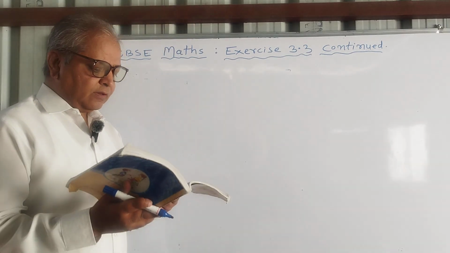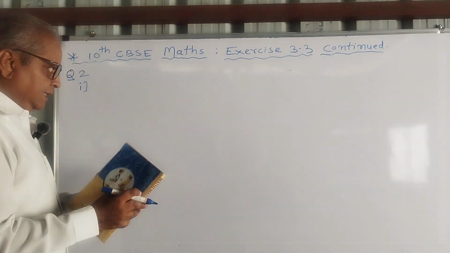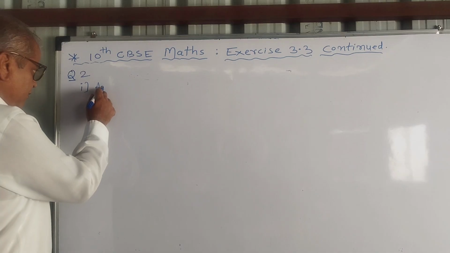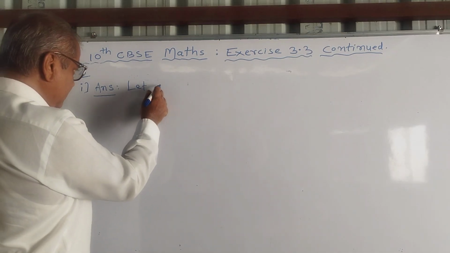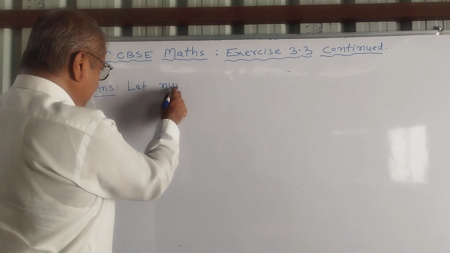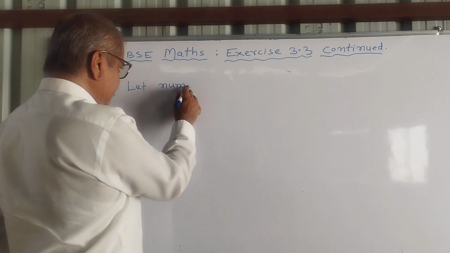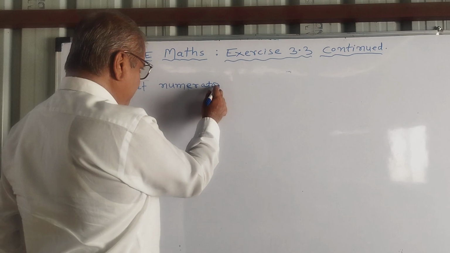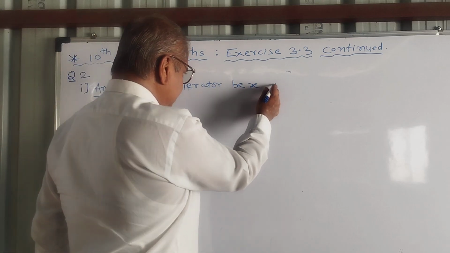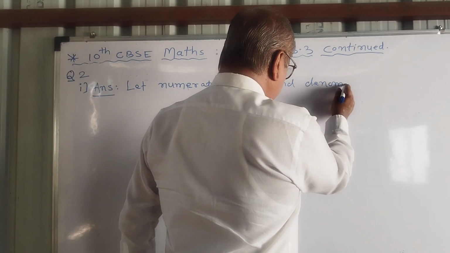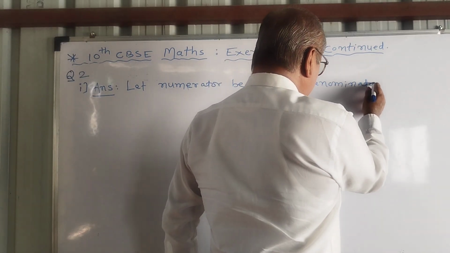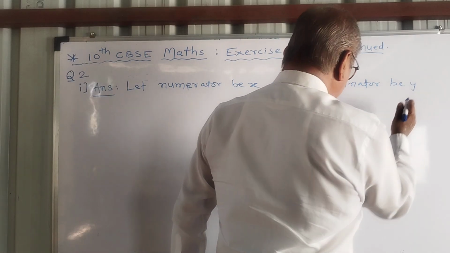So we will start question number 1. Answer. First thing is, let numerator be x and denominator be y.